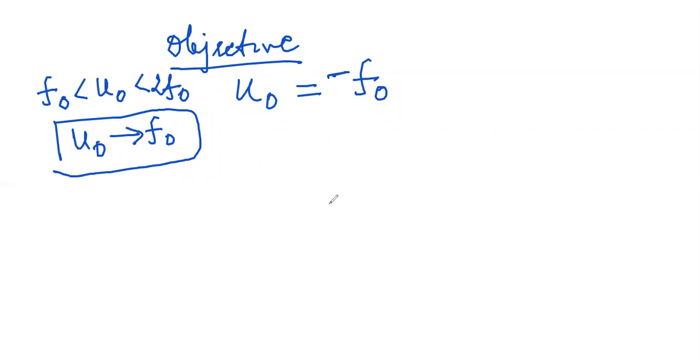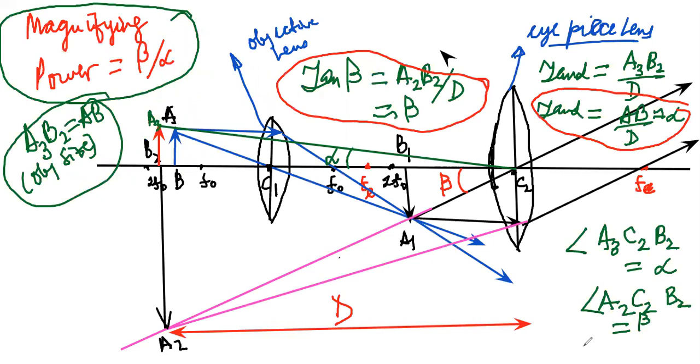Now a very important part, I will quickly move to the previous page which I have discussed. Our whole aim is that we want to place this particular A1B1 very close to the eyepiece lens, as close as possible. Am I clear or not?